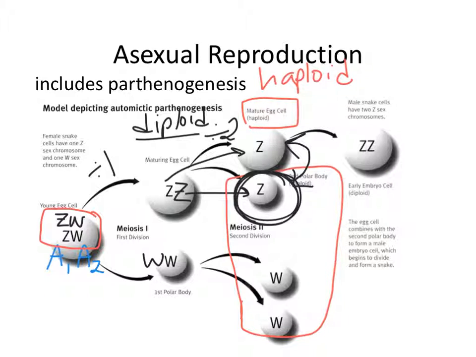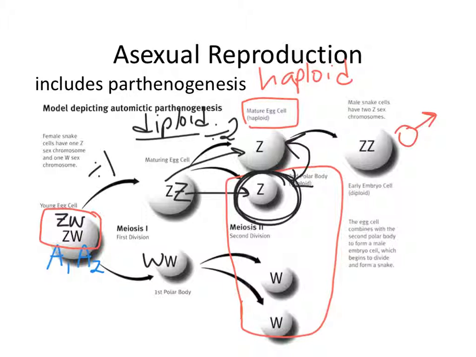And as it says up here in the upper right, in snakes, if you're ZZ, if you have 2 sex chromosomes that are Z, you become a male. So in this case, that would be a female individual parthenogenically giving birth to a male offspring.